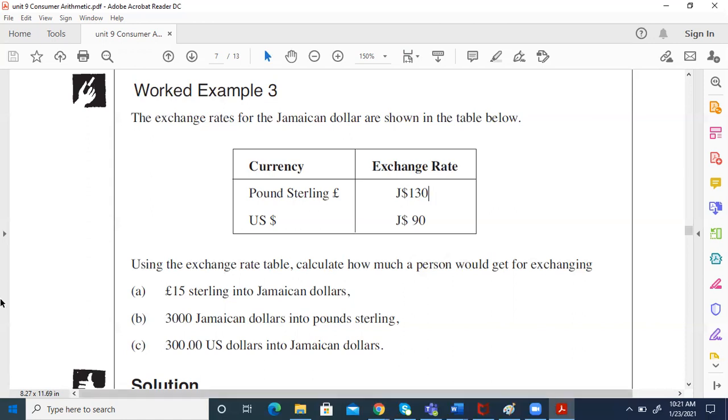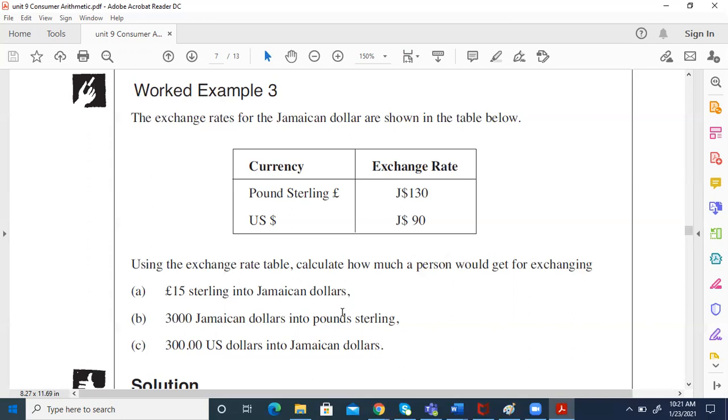And then they say 3,000 Jamaican dollars into pounds sterling. So you'll divide the $3,000 by 130. And then 300 US dollars into Jamaican, you multiply the 300 by 90.